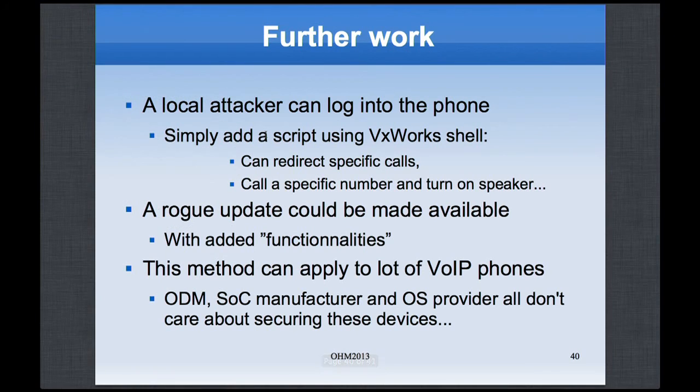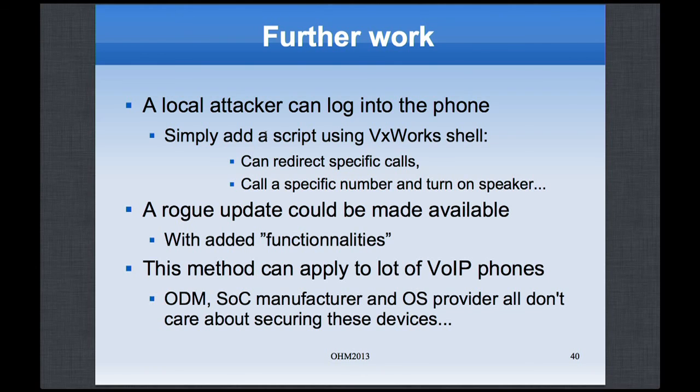Okay. And just to sum up what I said at the beginning, since it's a telephone, you can call someone and turn on the microphone, which means you have a direct microphone near someone you want to spy on, for example. You can redirect calls.